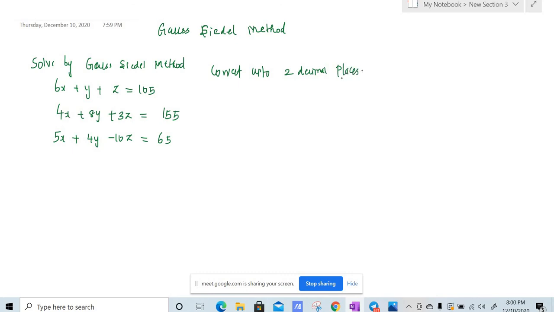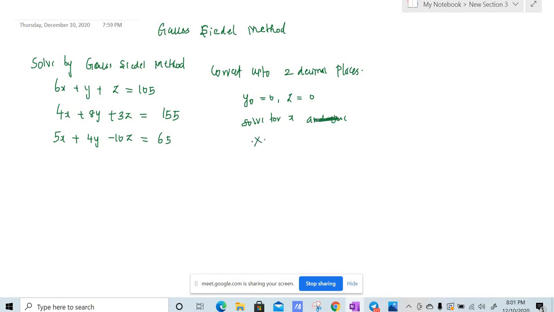Right? Yes. So you can see in problem they just given the question and they said us to solve using Gauss-Seidel method. So if they haven't mentioned about the initial condition, you need to choose y0 is equal to 0, z0 is equal to 0, and solve for x.